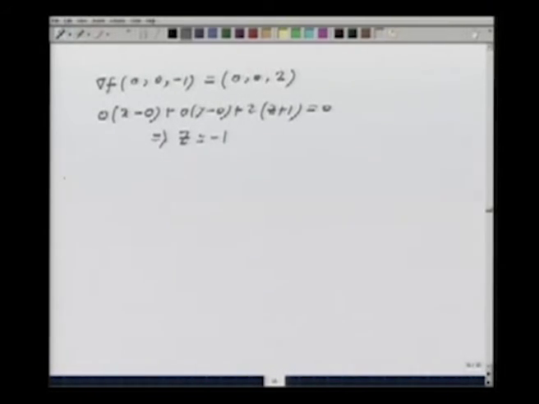Let us look at one last example. I look at this surface 3xy plus z squared equal to 4. I want to calculate the tangent plane at the point 1, 1, 1.